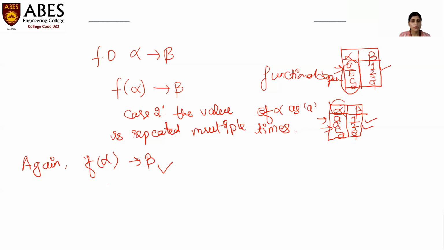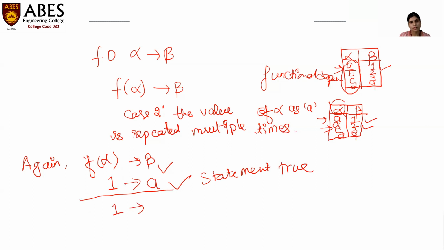Suppose I put the value of alpha as 1 and I compute the value of beta as A. If we consider that this statement is true, and I give you two other statements: when I put the value of alpha as 1, I get the value of beta as B, and if I put the value of alpha as 2, I get the value of beta as something else.